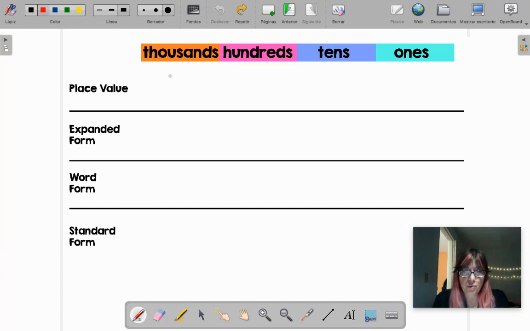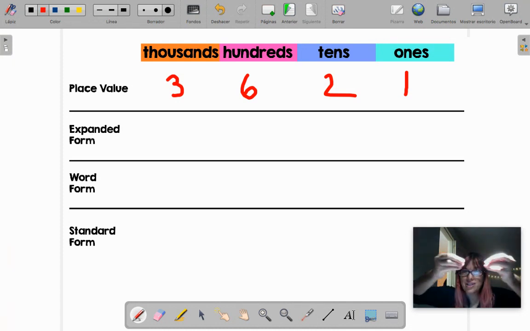So that means putting one number here, one here, one here, one here. So imagine I tell you 3,621. So that's the first thing we learned. Remember, that's easy. Now the expanded form means when you stretch these.